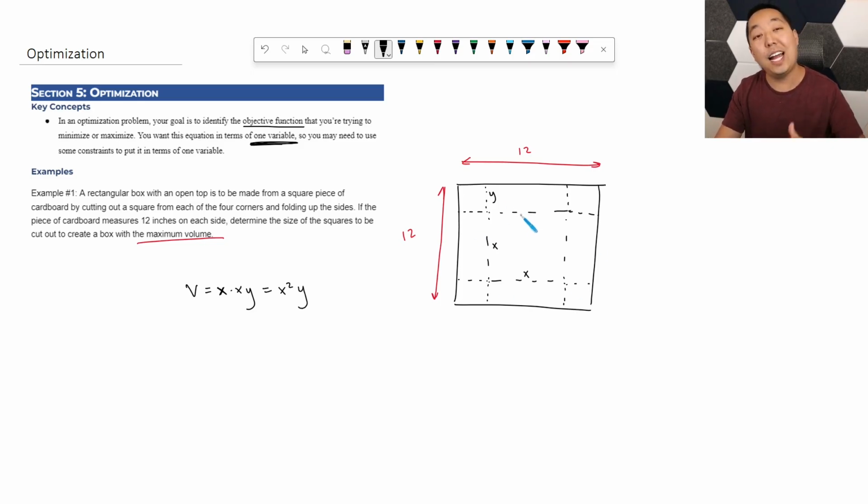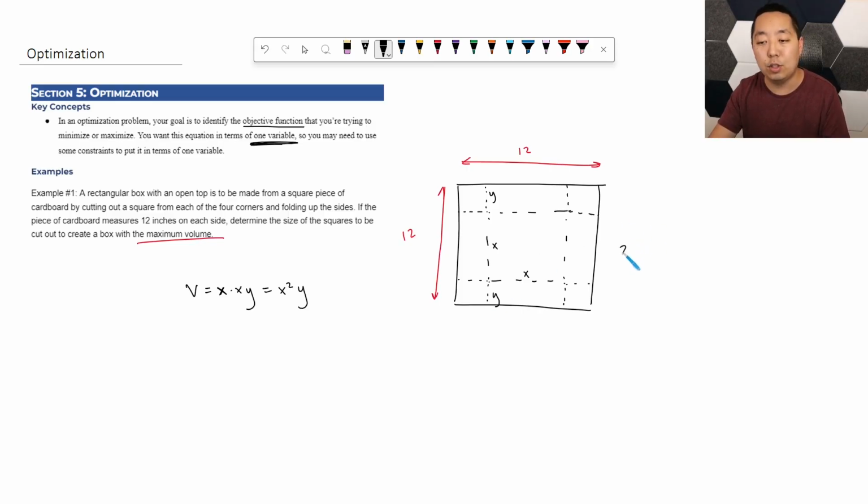So now I need to get rid of one of the variables, x or y, because I need to have this in terms of a single variable. Okay, so what do I know about this 12 that will relate them? Well, I know that this is y and this is x. So I know that this entire length has to add up to 12.